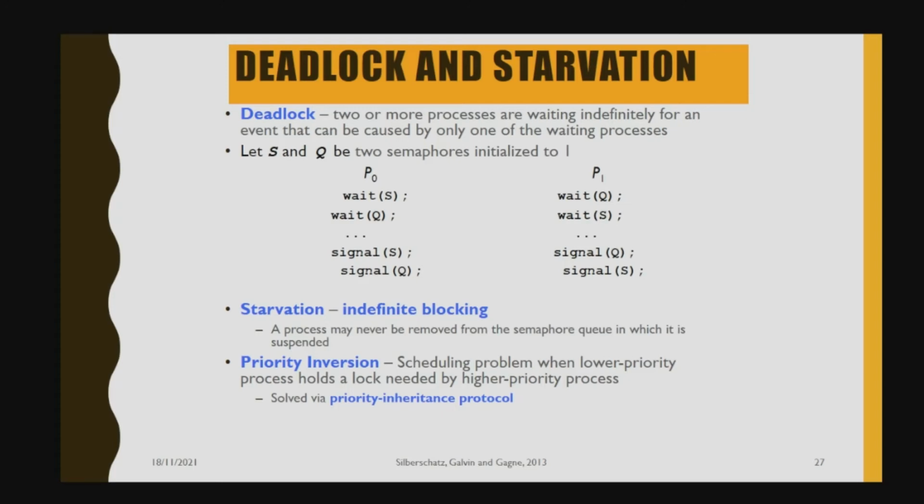So the process that needs to be executed is being locked and held by the lower priority one, so we cannot proceed with another process, or we hang or get stuck at that part. So these are the problems. We want to avoid deadlock, starvation, and priority inversion.